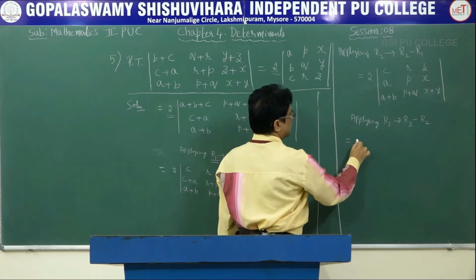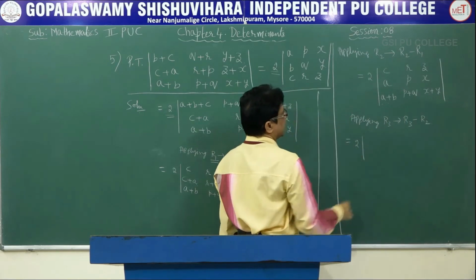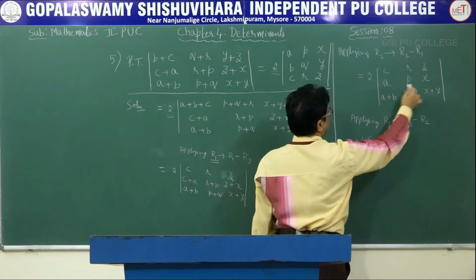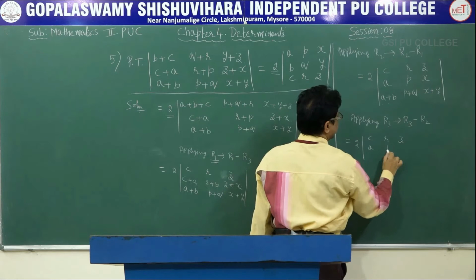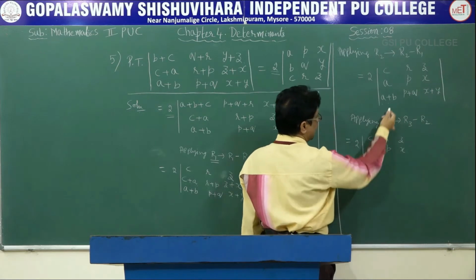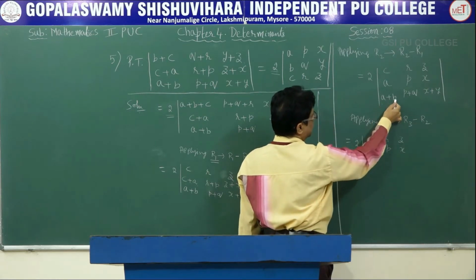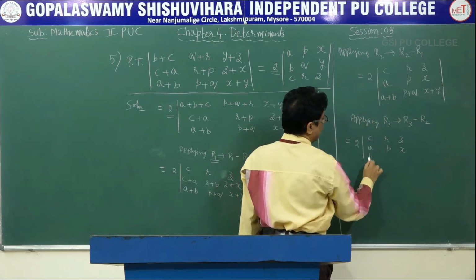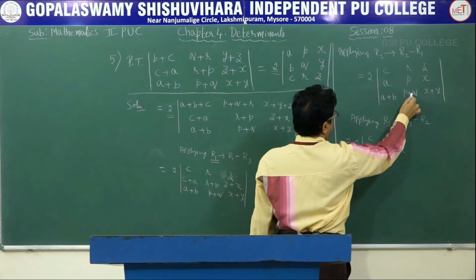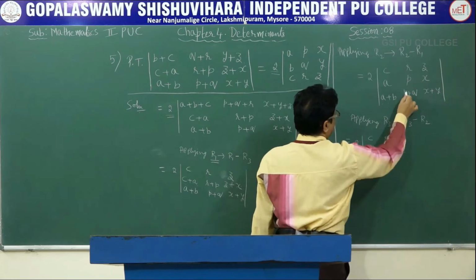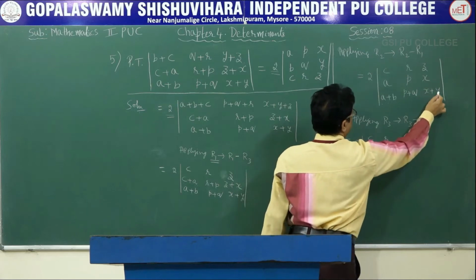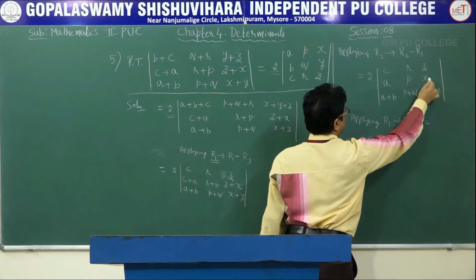So we will get 2 into the determinant of first row remains as it is, c r z, and the second row also remains as it is, a p x, and the third row is a plus b minus a. So a will get cancelled. You will have b. p plus q minus p, so p and p will get cancelled. You will have q. x plus y minus x means x and x will get cancelled.